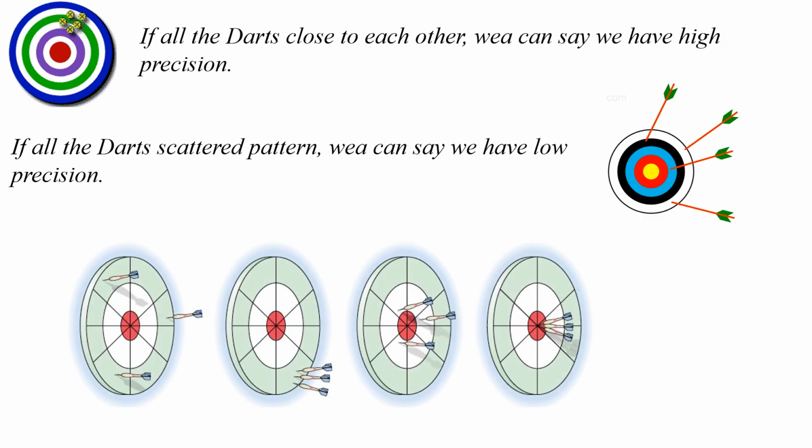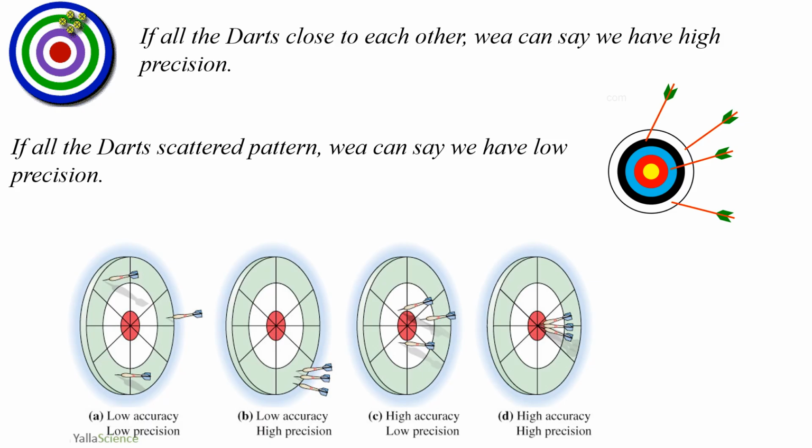So now we will see some other examples, which are combinations of precision and accuracy. Observe the first one. All the dots are not close to each other, so it is low precision. And moreover, all the dots are far away from the bullseye. Then we say that it is low accuracy and low precision.